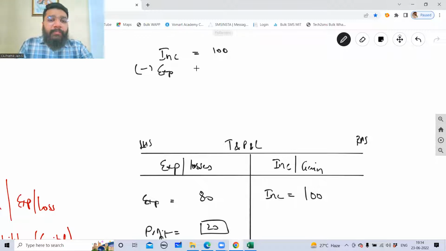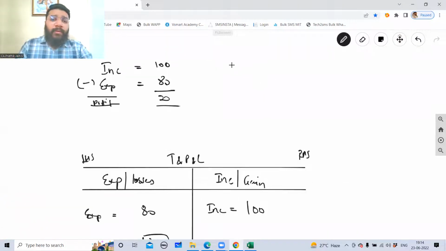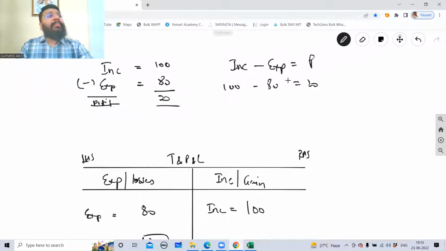From that, if I minus expense of 80, I'll get profit 20. Right? Another way of presentation is income minus expense is equal to profit. 100 minus 80 is equal to 20. But the ultimate motto of the calculation is the same. The presentation is different.